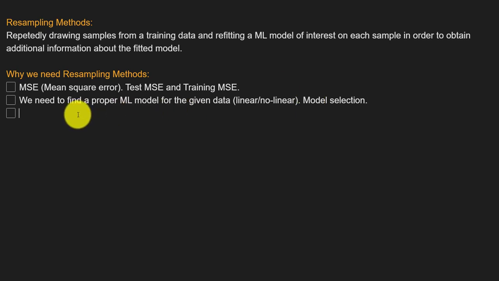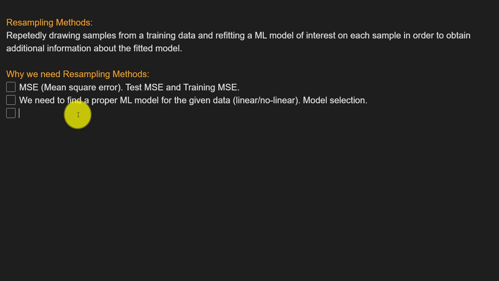Now another important use case of resampling methods is, if you remember from my video on decision tree, we discussed that if we have a huge number of features in our data, and we have various samples in our data for the machine learning model to work properly, there is a tendency of the decision tree to overfit the data. That means the decision tree will grow much faster.